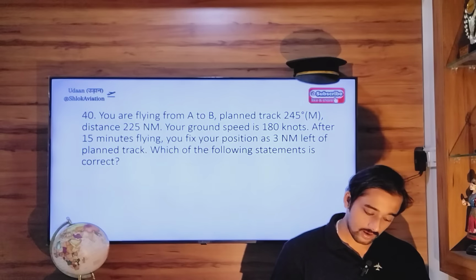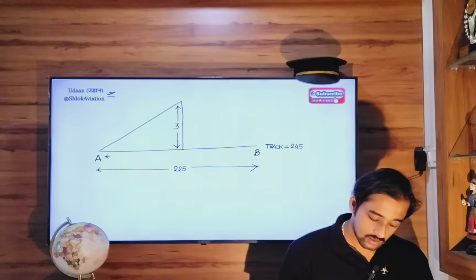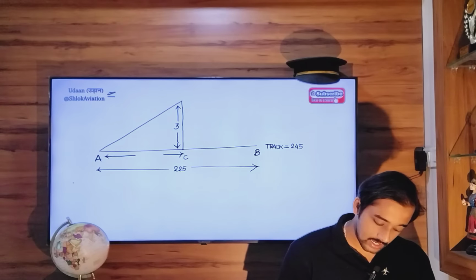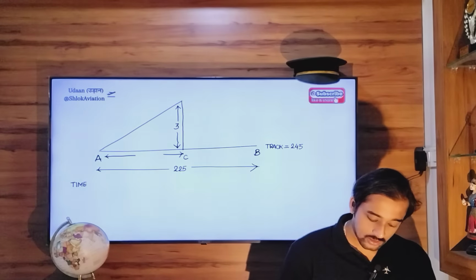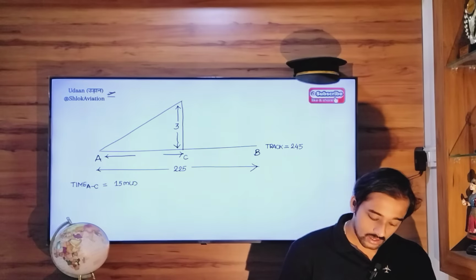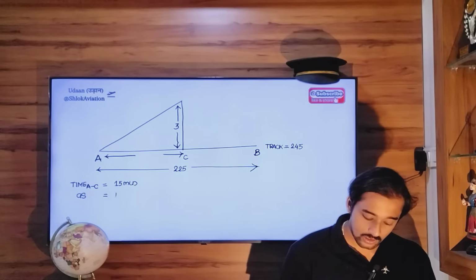After 15 minutes flying, let's name it C. So time between A to C is 15 minutes. Ground speed is 180 knots.